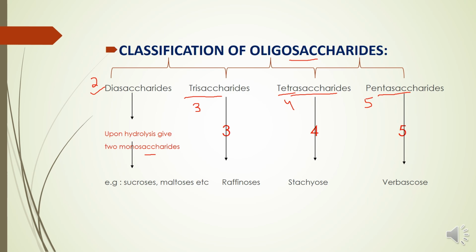Penta means five. Now, examples of disaccharides, which we discussed before, are sucrose and maltose. Trisaccharide examples are raffinose. Tetrasaccharide examples are stachyose. Pentasaccharide examples are verbascose.